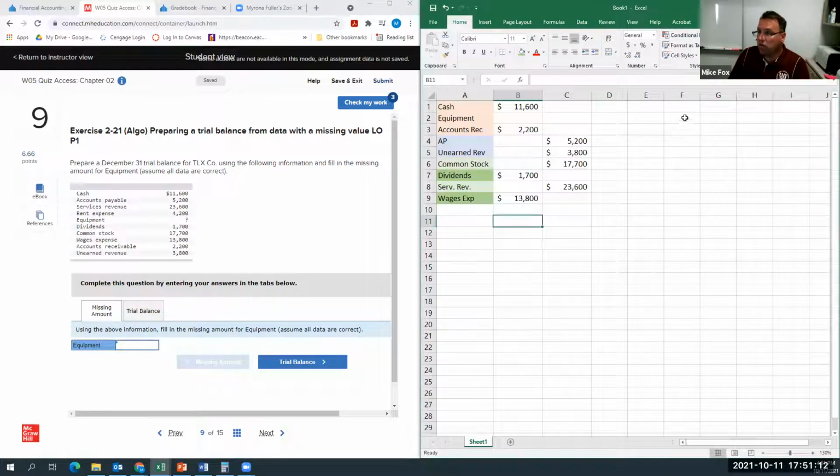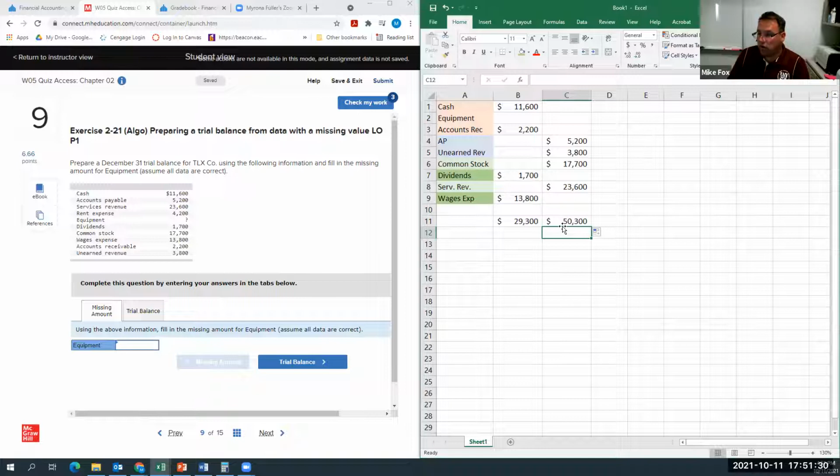I have a sneaking suspicion though that if I find the balance, it's not going to balance. Why? Because I don't have anything in the equipment account yet. So in order to make that balance, I'm going to have to figure out how much my equipment is.